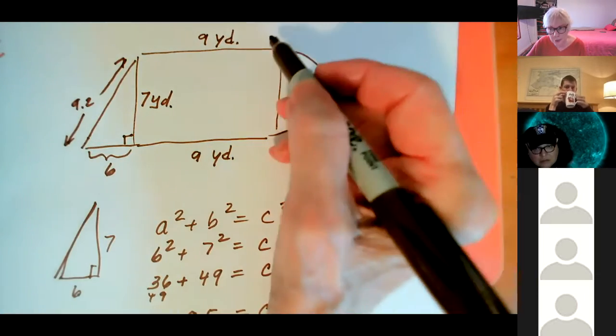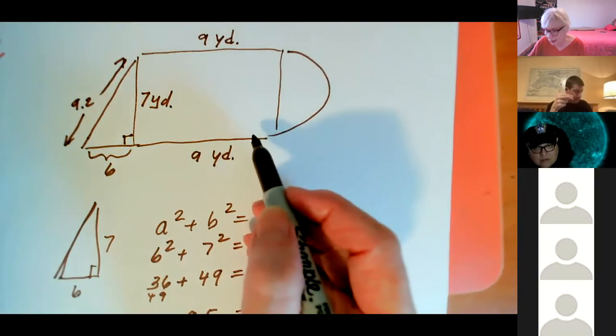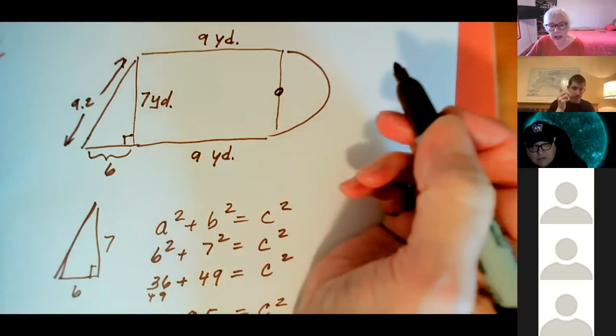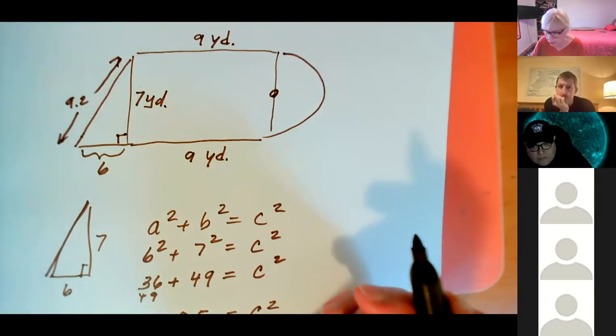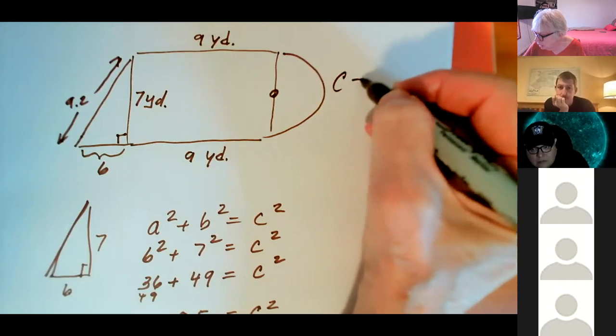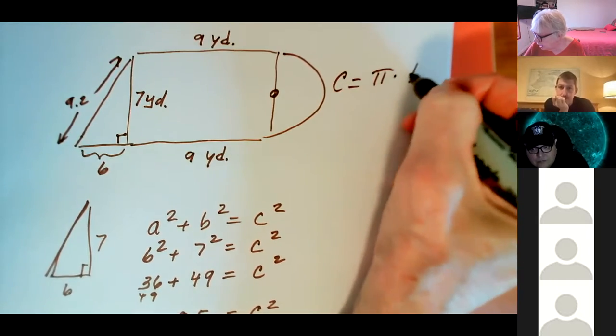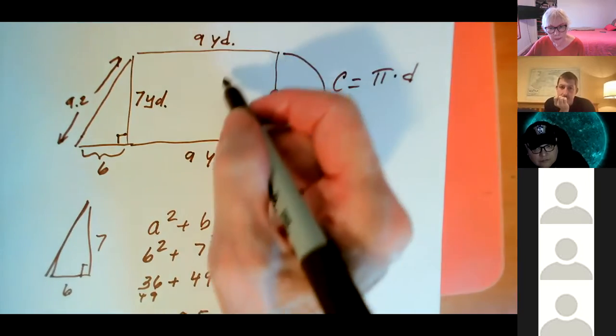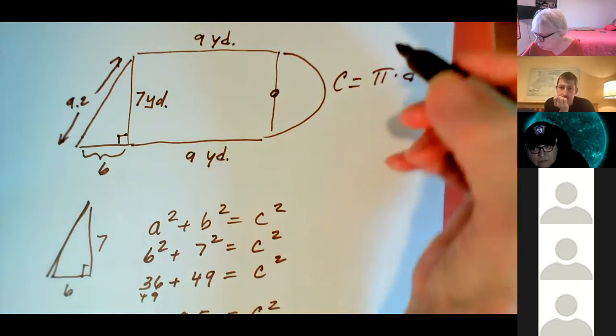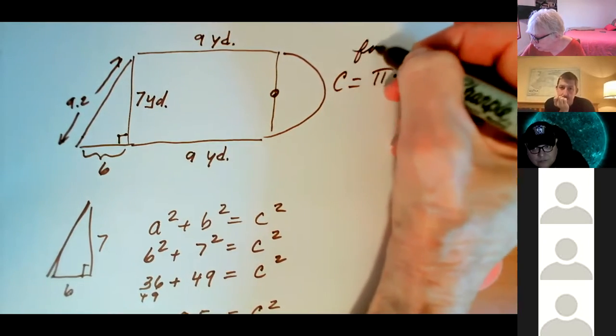Now, this is the cute one, right? This is circumference, but it's only half of it. So circumference equals pi times diameter. That would be a full circle. I'm going to do the full circle, so I'm going to mark it full circle.